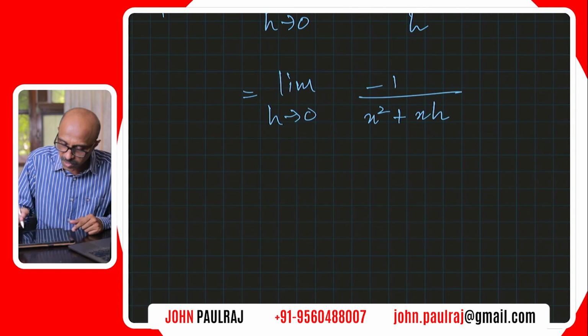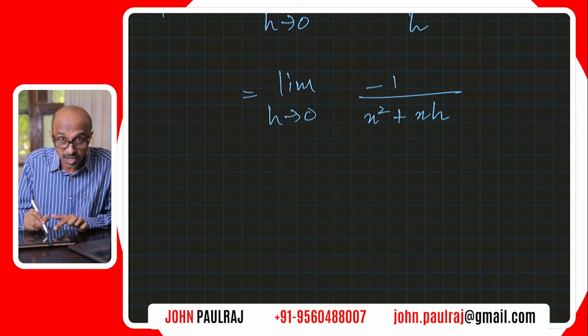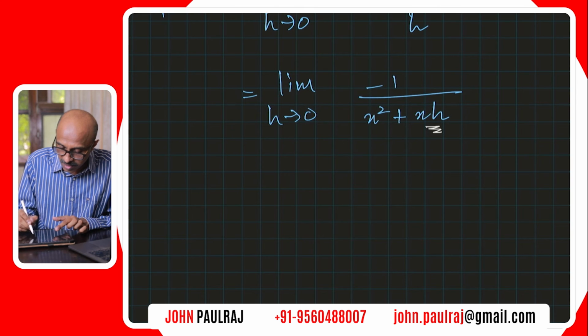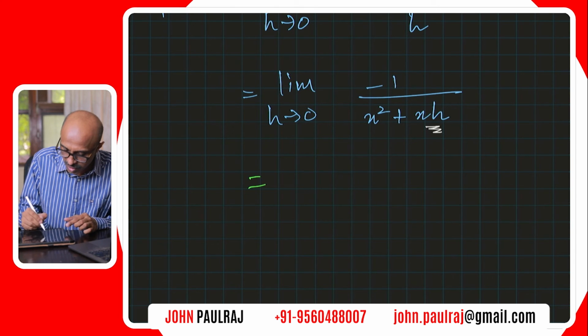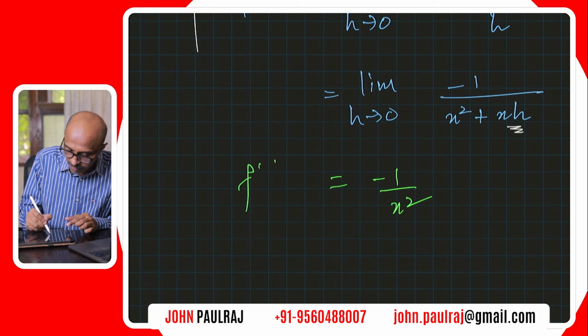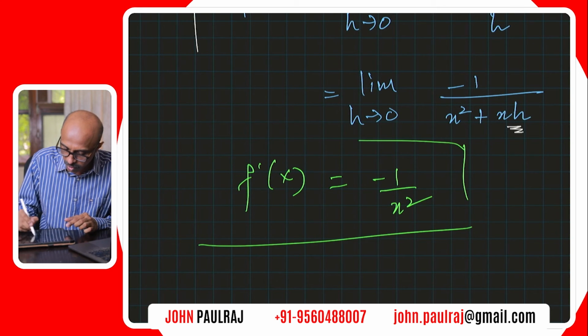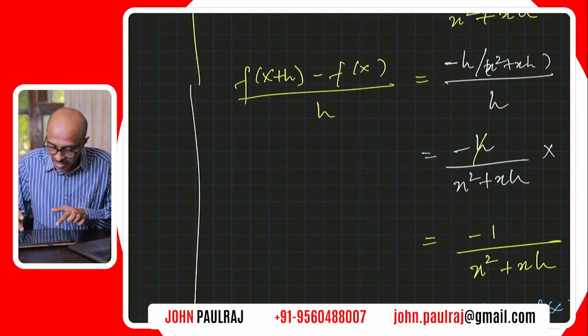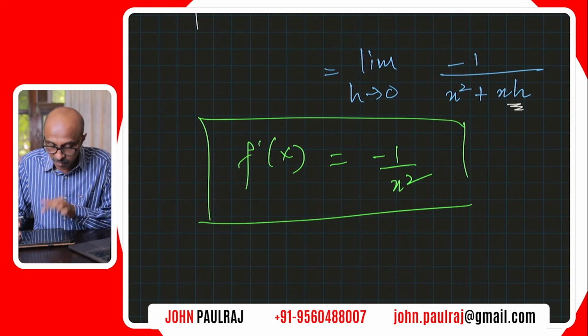And as you can see, when you substitute h equals 0, right? That term will become 0, so the limit just reduces to negative 1 over x squared. So the original function was 1 over x, and the derivative of the function 1 over x reduces to negative 1 over x squared.